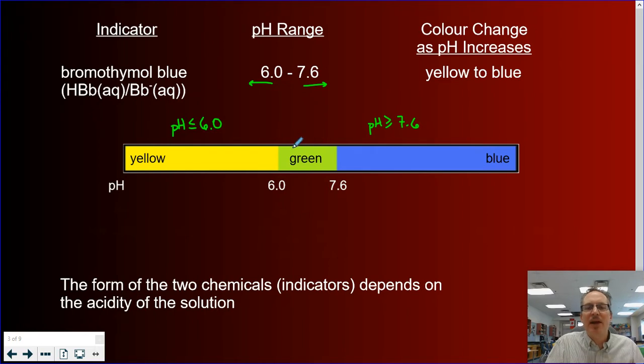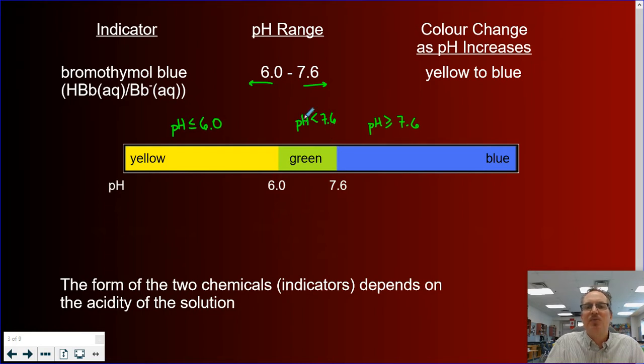And then the middle range is the tough one because it doesn't include 6.0. Green does not include 7.6. It's going to be between 6.0 and 7.6. So the way I always do it is always read from the pH sign. So when the pH is less than 7.6, it is going to be green.